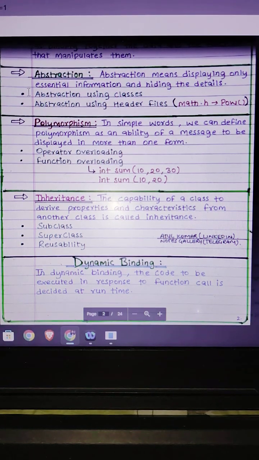In this way we understand that a single woman can play three roles in her life. So that is the example of polymorphism.